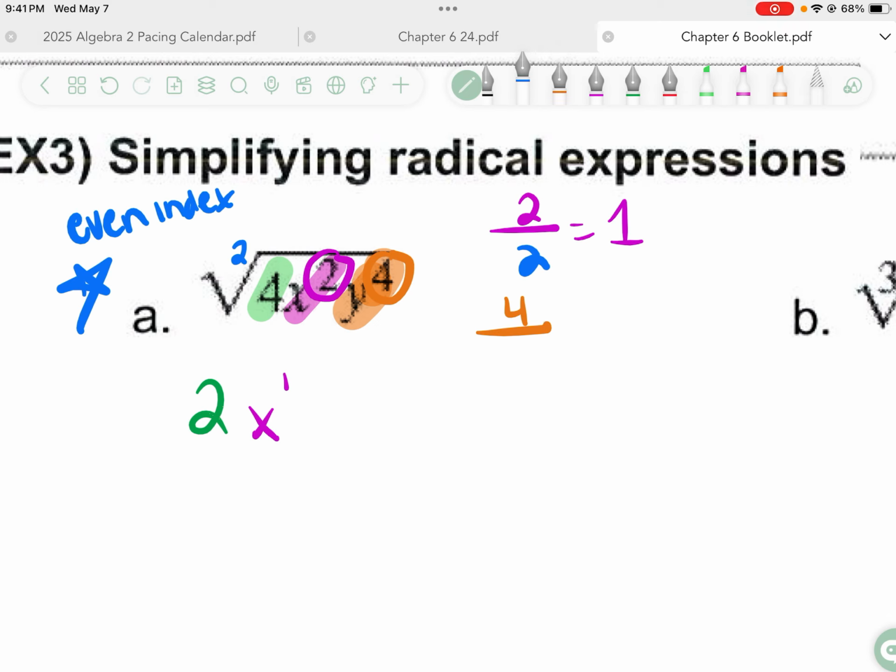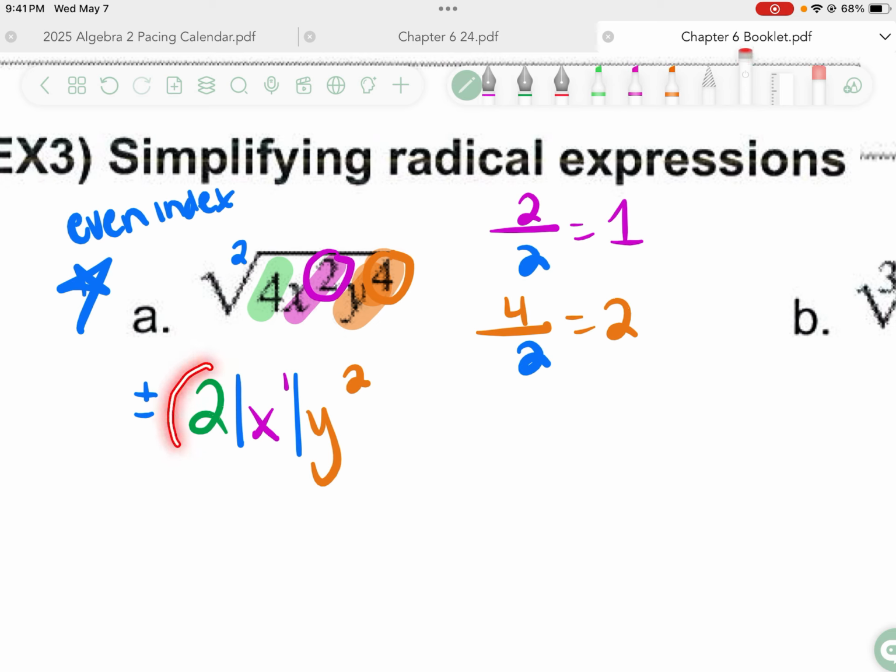Exponent divided by the index, I get 2. So it's y squared. Even index, so I need a plus minus, and then I need absolute values around the x to the 1st. It has an odd exponent. You don't ever need absolute values around the coefficients here because we're already considering that 2 to be a positive or negative, or both.